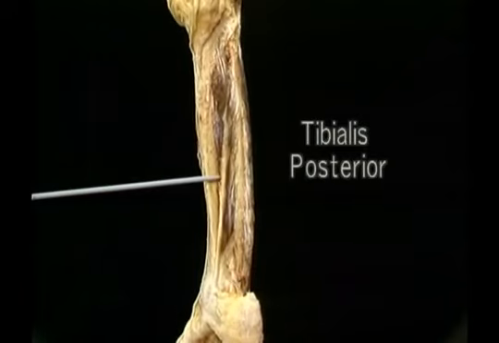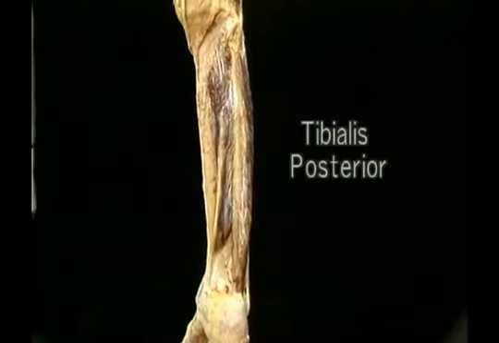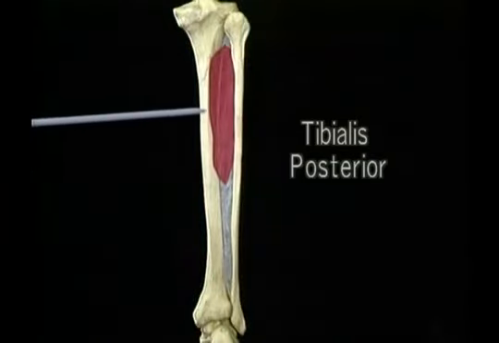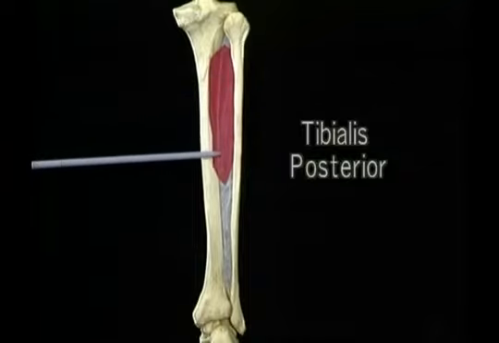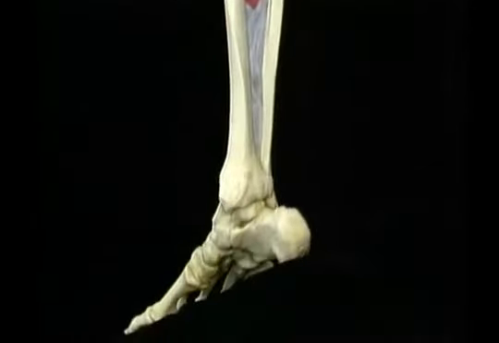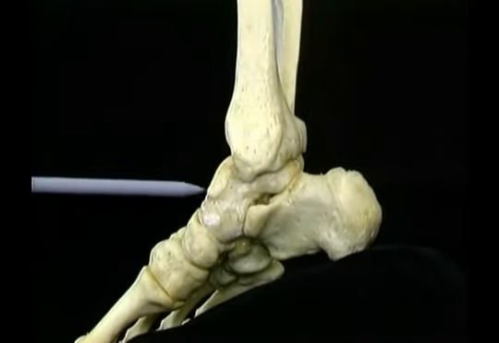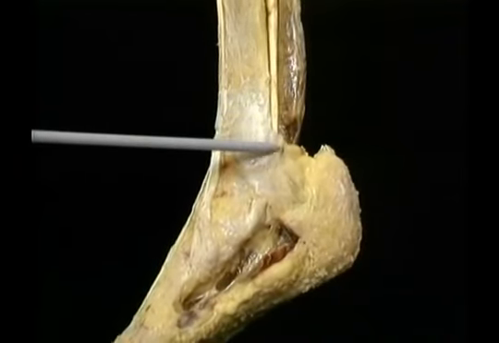Here's tibialis posterior. Tibialis posterior arises from the back of the tibia, the back of the fibula, and from the interosseous membrane in between. Its tendon passes immediately behind the medial malleolus through a fibrous tunnel that's covered by the flexor retinaculum.